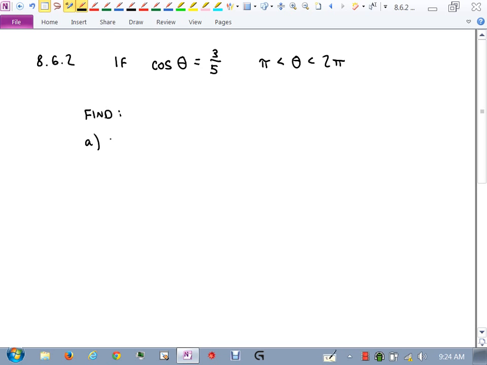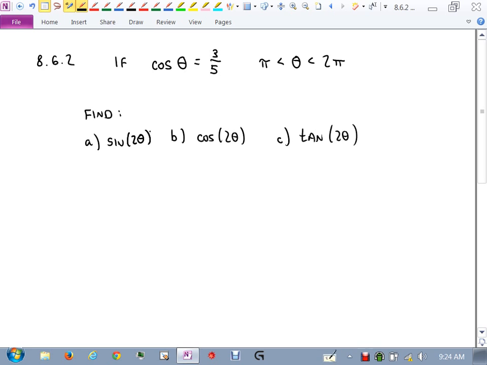Part A, sine 2 theta. Part B, cosine 2 theta. C, tangent 2 theta. All right, so there's 3 parts that we're looking for here.